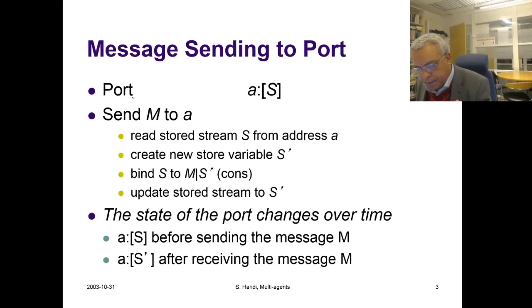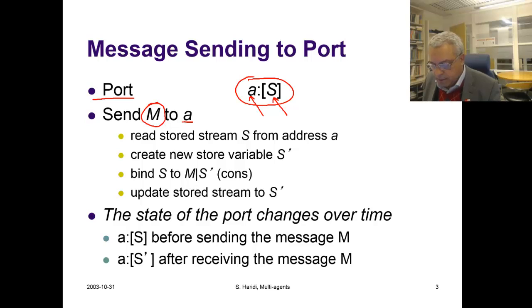So here we have our port, the association between a stream variable and a name. When sending a message to the name, we look to the association, the stream that is associated with that name A. It will read the stored stream S from the address A. It will create a new store variable S prime, and bind S to the cons cell M followed by S prime, and then it will update the association.